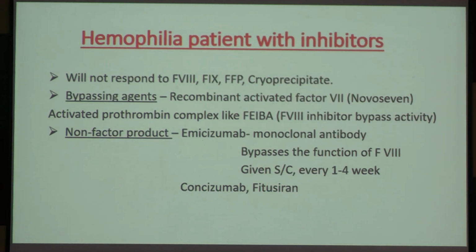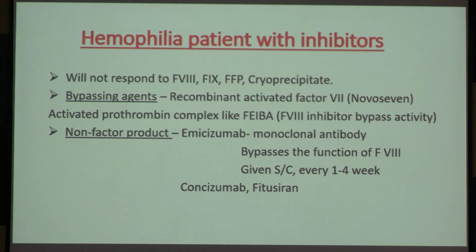And hemophilia patients with inhibitors, that we discussed previously. So, there is not a deficiency of factors, but antibody against the factors. So, if we give the concentrated factor 8, factor 9, FFP or cryoprecipitate, that will be of no help because antibodies or inhibitors are there.